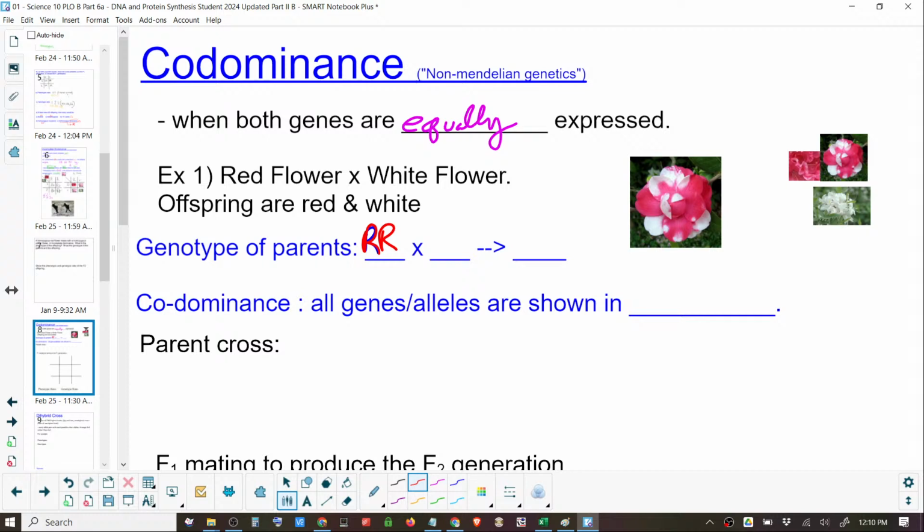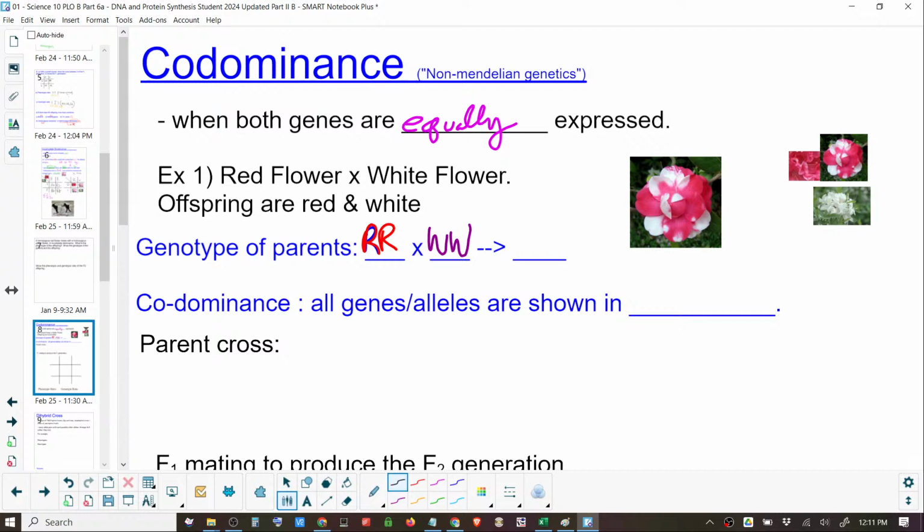Lowercase r, but you see it, it's not recessive. So we should use capital R, except that would be very confusing, so I think some of you said, what should we use? W. So you get a different letter, and you keep it capitalized to show that they're both dominant. There's no one that's greater or less than the other.